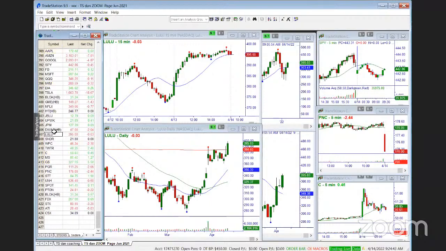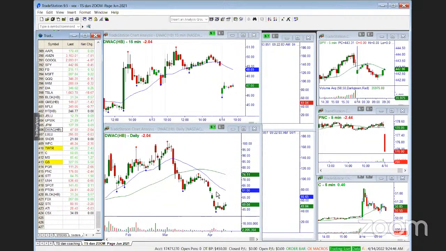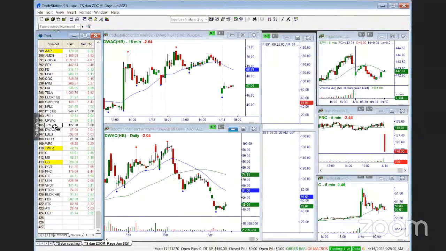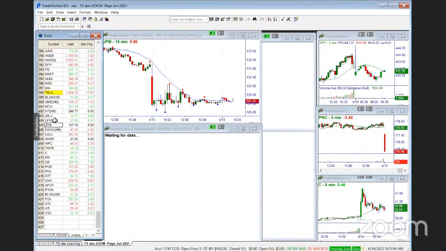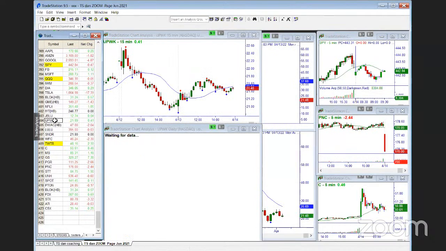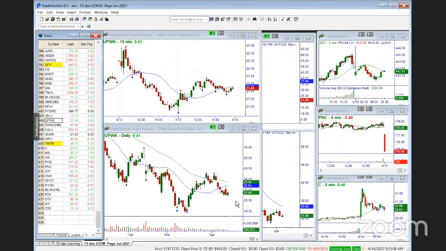DWAC, so this is the Trump stock that's been getting hit with the Musk Twitter news. This was on my list to sell a put spread over the high. And now it's gapping under yesterday's low, so it's still damaged. Upwork, nice. This is a bear 1, 2, 3 if it takes out the lows.